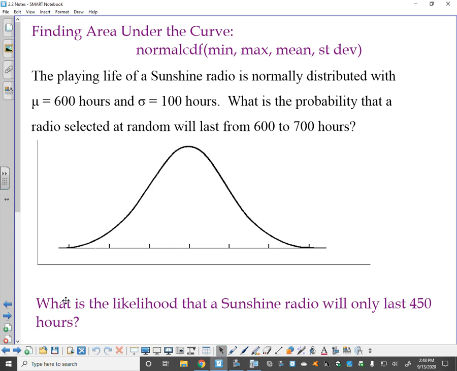What we're going to dive in today is what if it's not exactly 1 or 2 or 3 standard deviations above or below the mean.